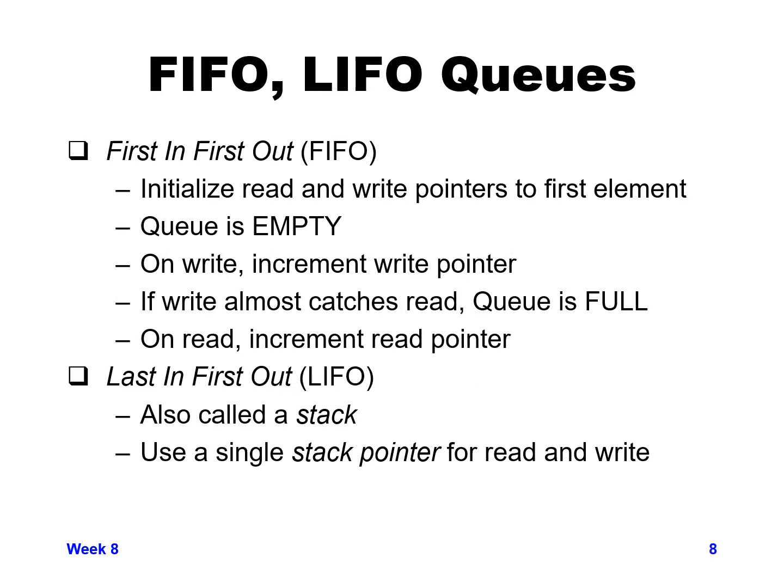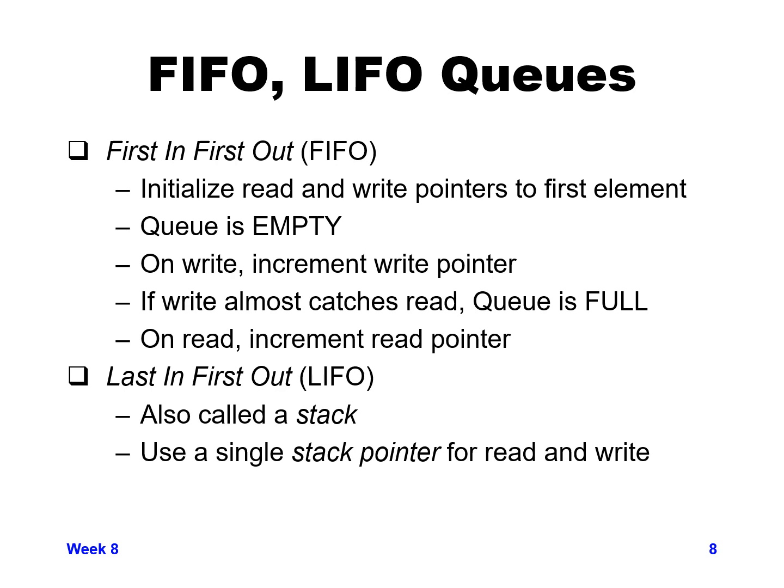Two specific types of queues that are typically used are FIFO and LIFO queues. A FIFO queue stands for first in, first out, and that means that the earliest value that goes into the queue is going to be the earliest value that goes out.